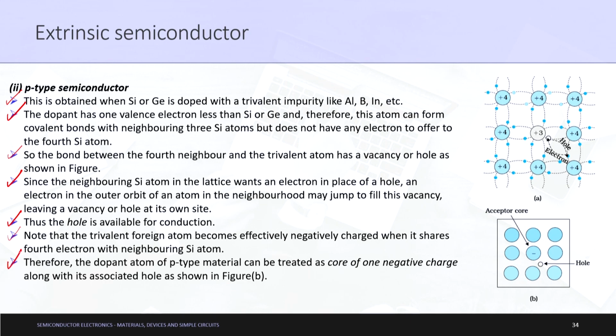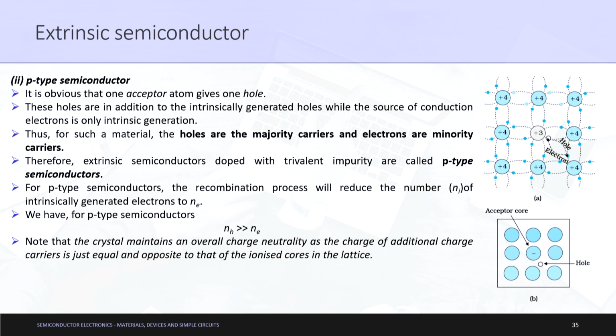Okay. So, we can say that this is some core which is having a negative charge and also a hole. Okay. It is obvious that one acceptor atom gives one hole. One terminology more. When we were understanding the n type semiconductor, if you remember correctly, it was called a donor impurity or donor semiconductor.